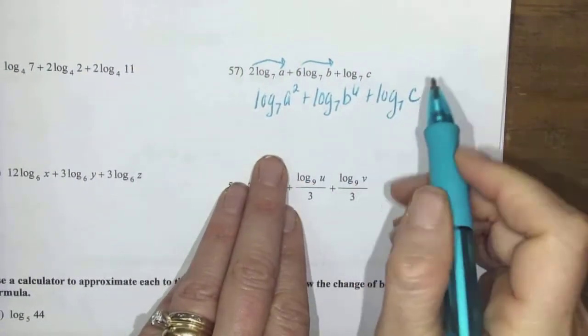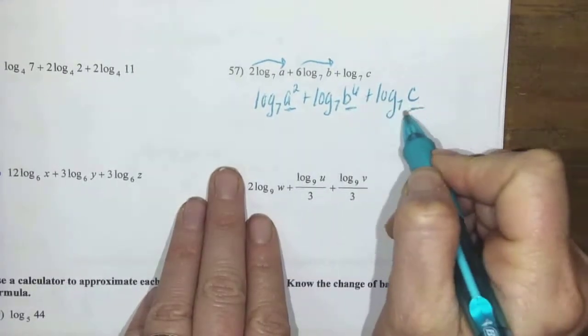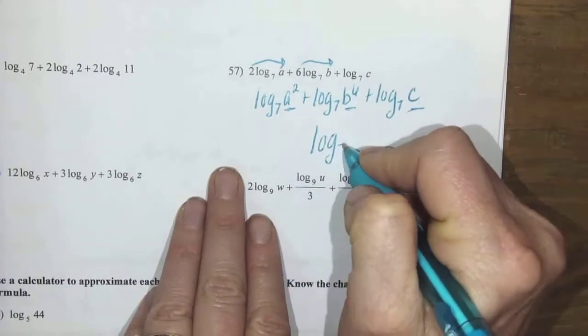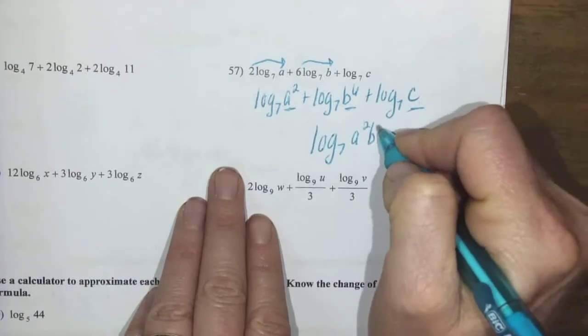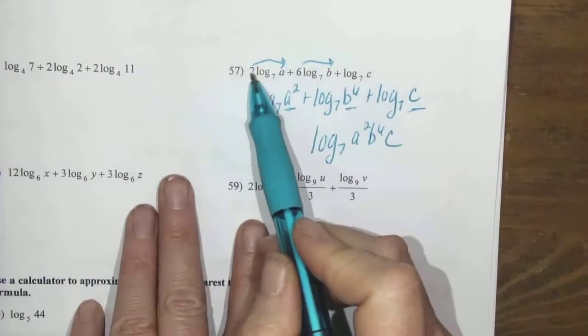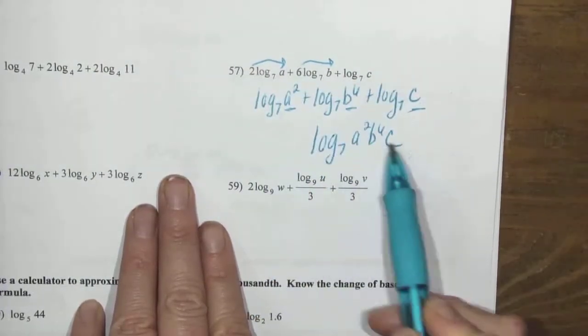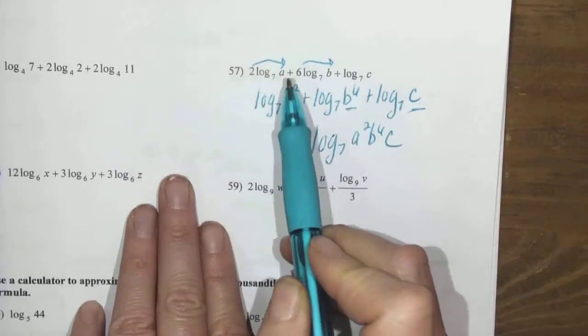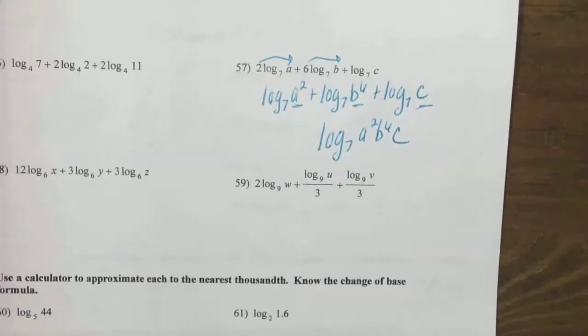And these are all plus signs, so I'm allowed to multiply these arguments. Log base 7 of a squared b to the 6 c. That would be a way of writing it as 1. So if there's plus signs between them, I can multiply the arguments.